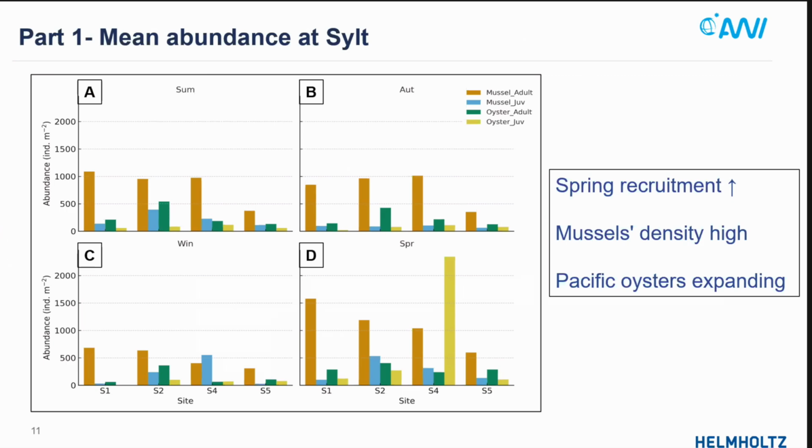Mussel beds in general show a higher density compared to the oysters, but oysters are increasingly appearing in mixed patches. The takeaway message here is that more filter feeders have more potential for biodeposition, or more organic carbon delivery to the sediment, and also more shell production over time.